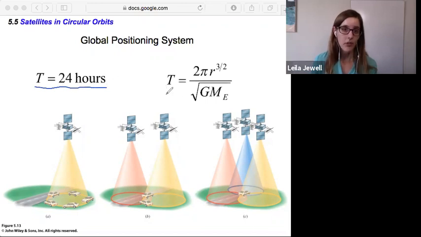A period of 24 hours requires a very specific radius given the mass of the Earth, traveling at that specific speed, so you can set it just right. I wanted to highlight that because it is pretty cool to see. There are a lot of satellites now at that very specific radius because of that desired property. And it just goes back to physics, because everything does.